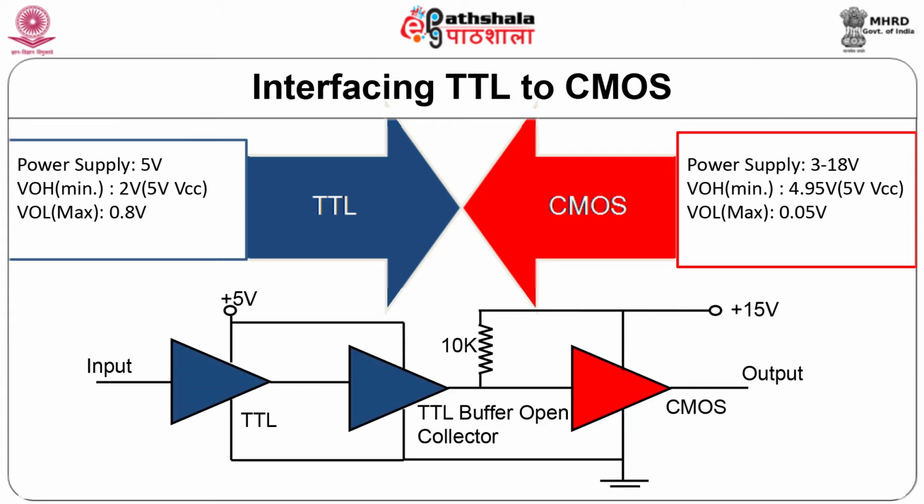When the two devices are operating on the same power supply voltage, that is 5 volt, a pull-up resistance of 10 kilo ohm achieves compatibility, as shown in the figure on the slide. The pull-up resistor causes the TTL outputs to rise to about 5 volt when high.